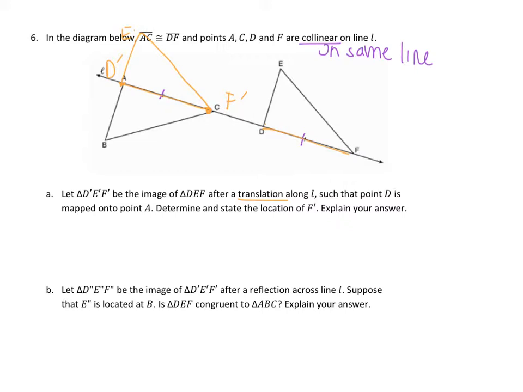Okay, so now it says determine and state the location of F prime. Well, we just said F prime is on C. Because, okay, so now we're thinking, what's a translation do?